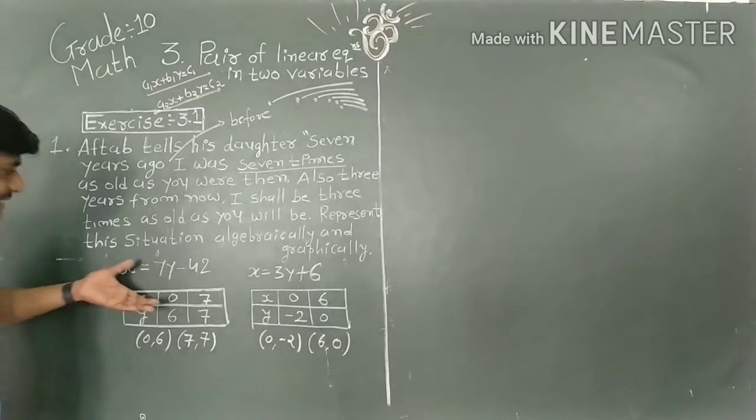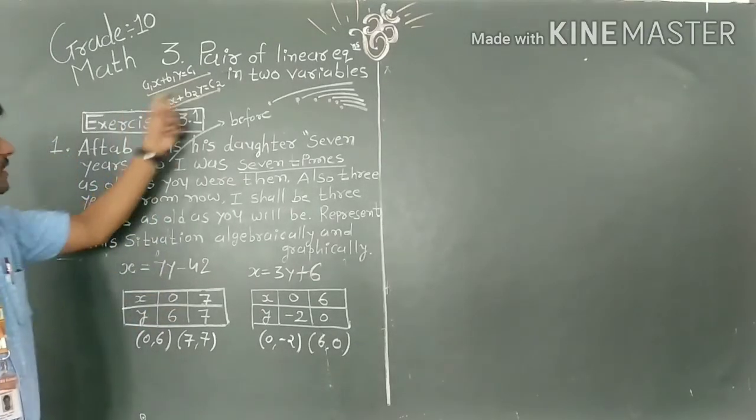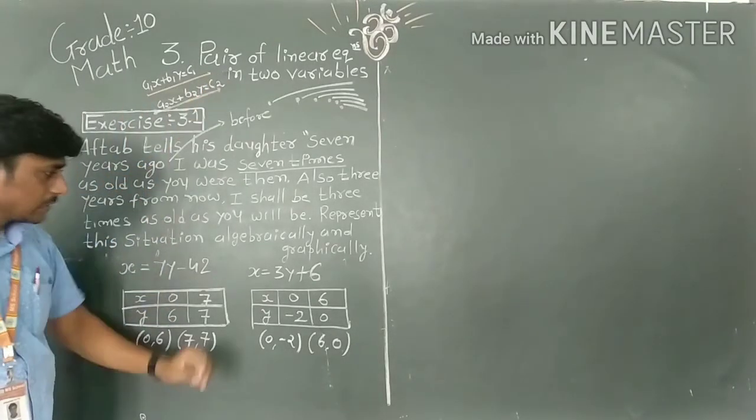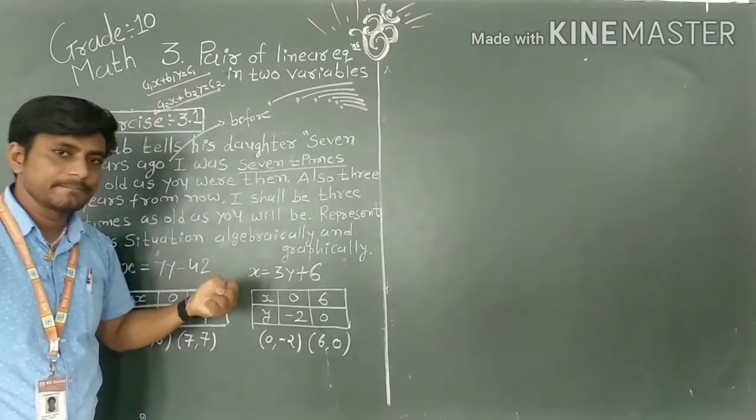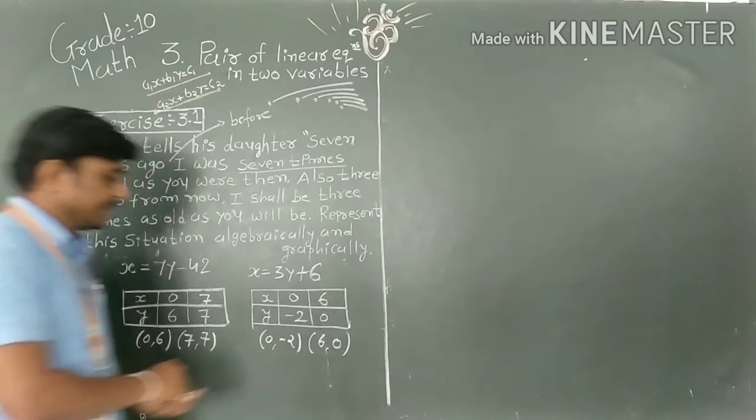Okay. This equation gives us one single straight line. Also, this equation gives us another single line. That means a pair. And what happens in a graph paper?